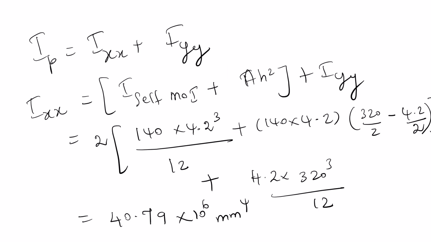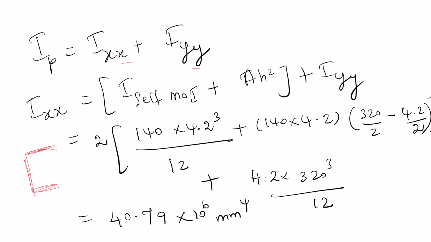Next, with this I can calculate the polar moment of inertia. Ip equal to Ixx plus Iyy. So let me calculate the Ixx and Iyy. Ixx, so we have to calculate for these three segments. I self, moment of inertia, plus A h square. Plus Iyy, for the vertical portion, Iyy is the moment of inertia. So you calculate this.